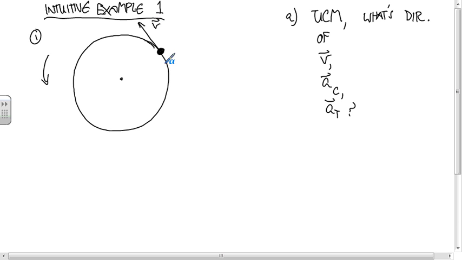That one's always towards the center, whether it's uniform or non-uniform. So that's AC. And what's the direction of the tangential acceleration? That question doesn't even make sense, there's no tangential acceleration because it's uniform circular motion. So only if it's speeding up or slowing down do you ever have tangential. Okay?